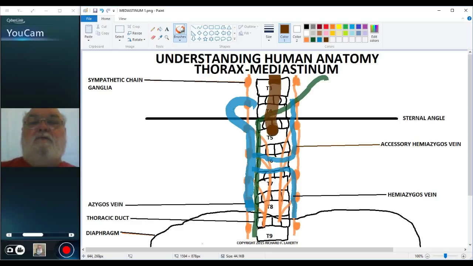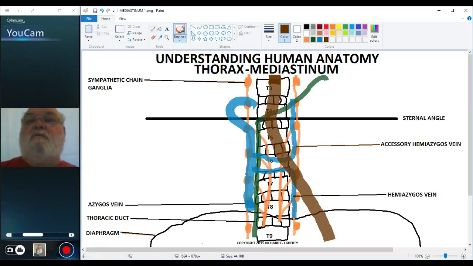Then it keeps moving left as it comes down, and it will come down in the posterior mediastinum and pass through the diaphragm at the level of T10.